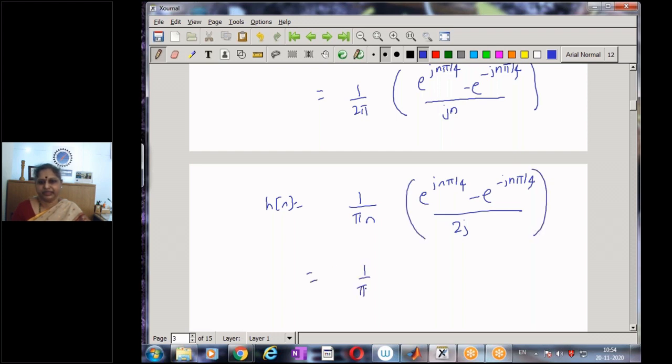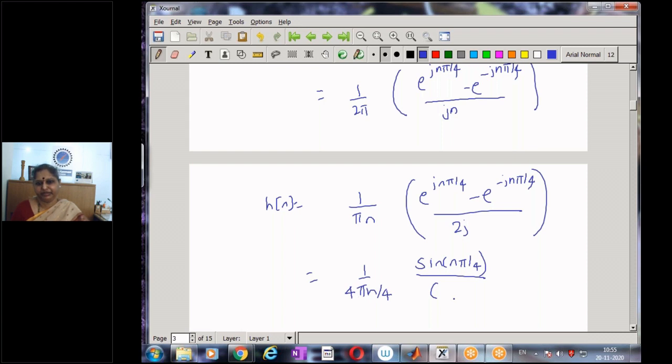And this can be recognized as sine n pi by 4. Now let me make it a sinc function, so I multiply and divide by 4.